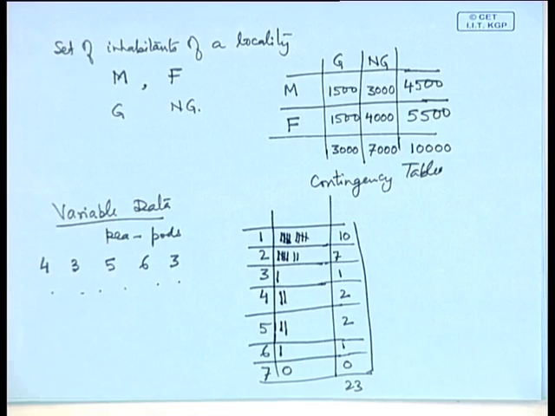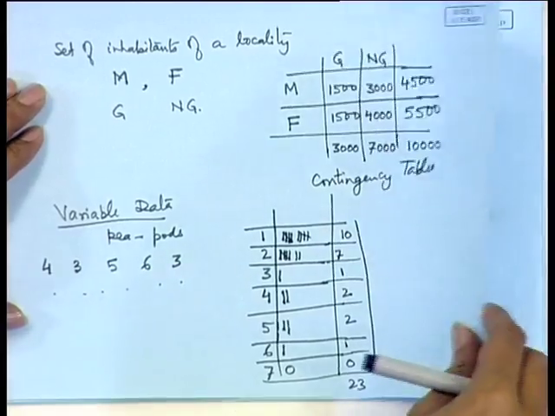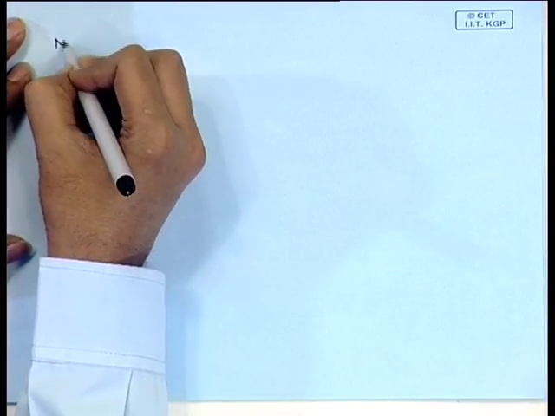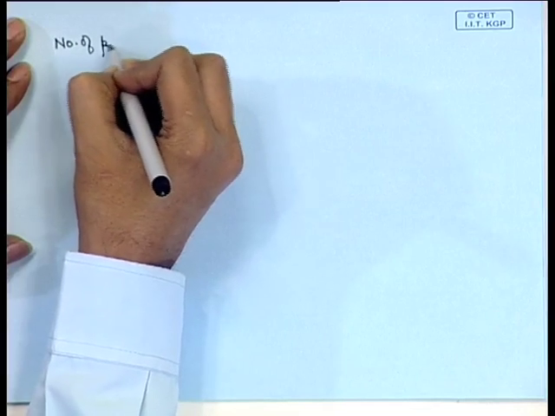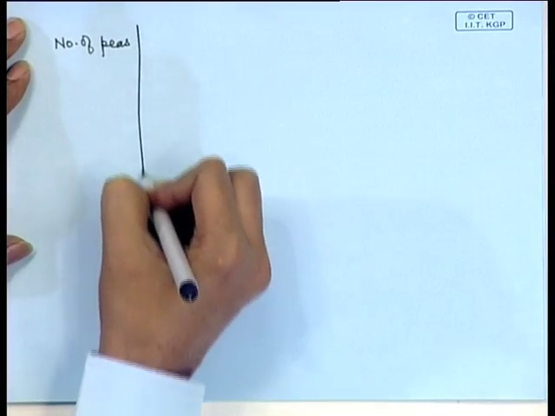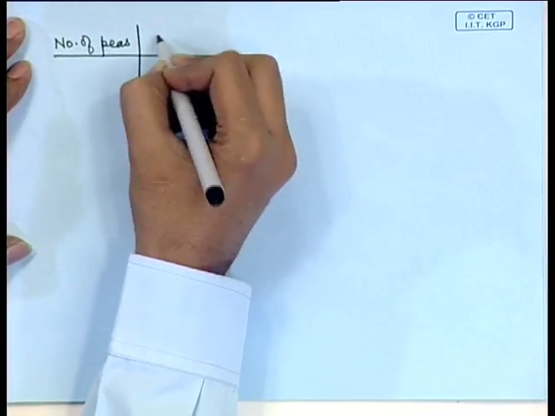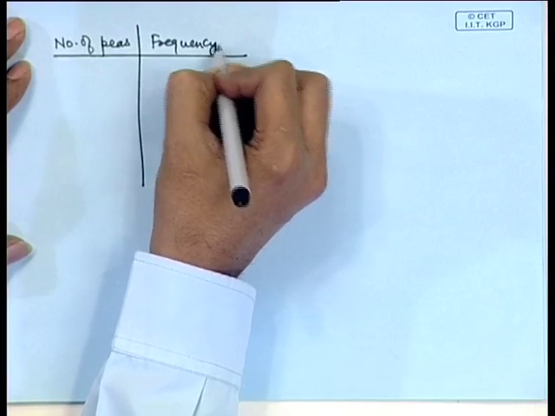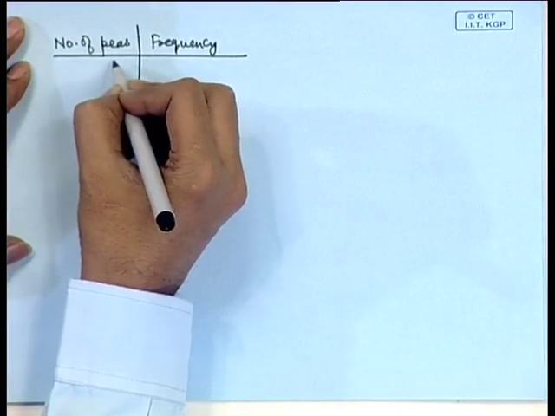Let me take a rather detailed example where 198 pea pods were recorded corresponding to their number of peas per pod, and the frequency distribution turns out to be, so we write here number of peas and here we write frequency, that is how many times each occurrence is there.